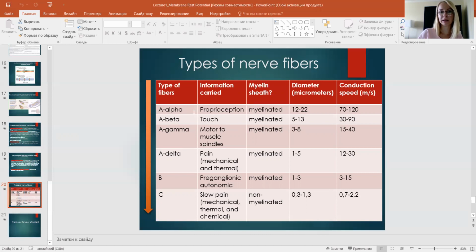A alpha type has the greatest diameter, and group C has the smallest diameter. This is how you can easily remember the velocity of action potential propagation.